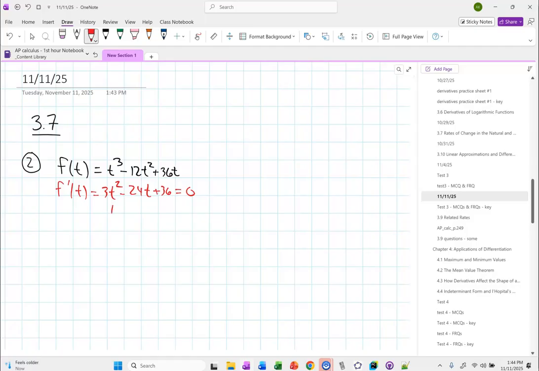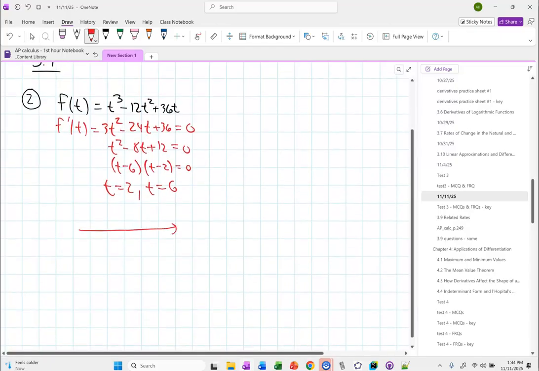We can divide both sides by 3 and simplify a little bit. So the places where we potentially change velocity are at 2 and 6.